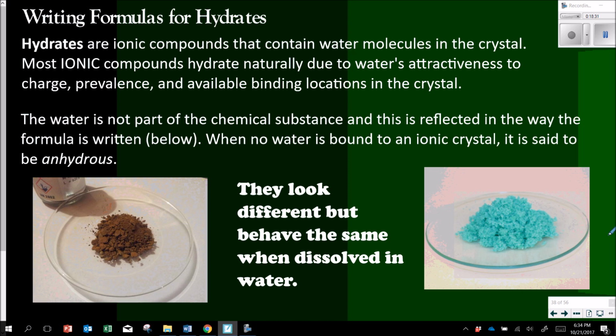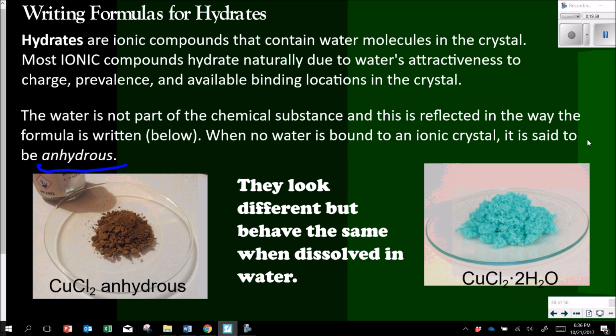Hydrates are ionic compounds that contain water molecules in the crystal. Most ionic compounds hydrate naturally due to water's attractiveness to charge, prevalence, and available binding locations in the crystal. The water is not part of the chemical substance, and this is reflected in the way the formula is written. When no water is bound to an ionic crystal, it is said to be anhydrous.